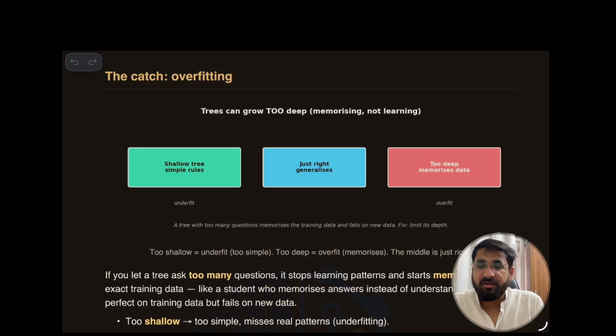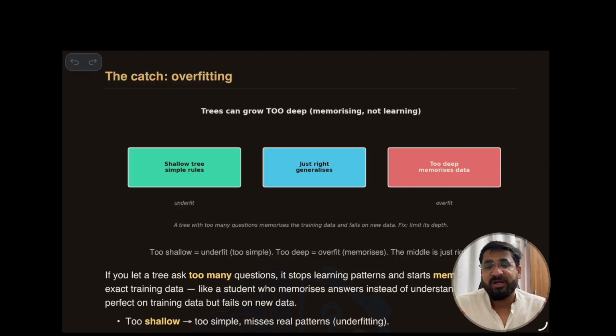If in the beginning you are supposed to give the name of an animal and you ask 3 questions, but suppose you ask 200 questions and then give the answer, is it a game? No, you have just memorized it. But if another situation comes instead of guessing the animal, you will be blank. So this is called too deep, and you just memorize.